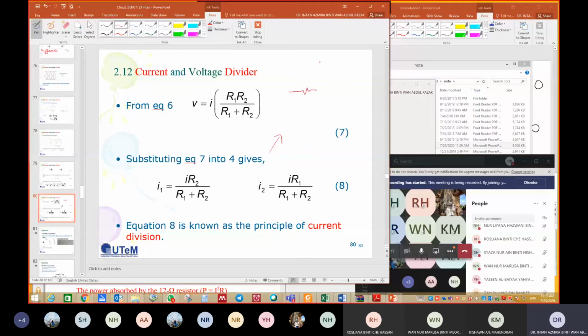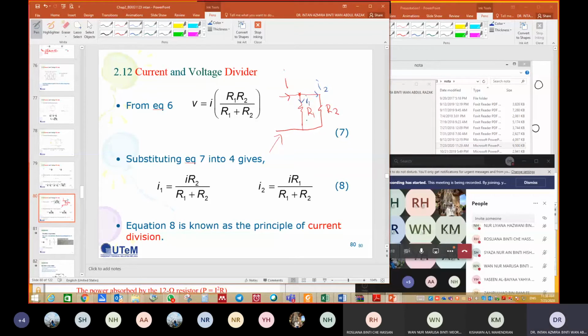We have a parallel circuit of R1 and R2, and then we have a current source, the current supplied to this branch. This is I1 and this is I2.